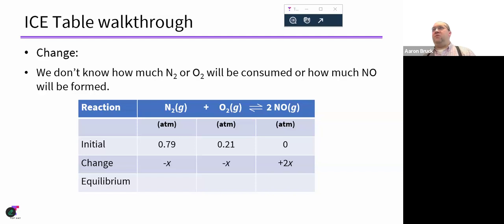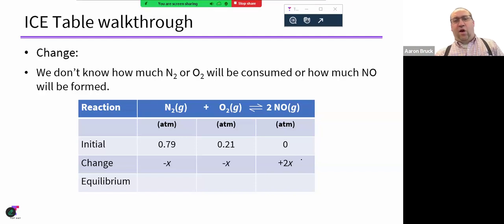How much is that amount? Well, that remains to be seen. But we know that they are going to be losing and gaining in proportion to each other. That's what stoichiometry is all about.